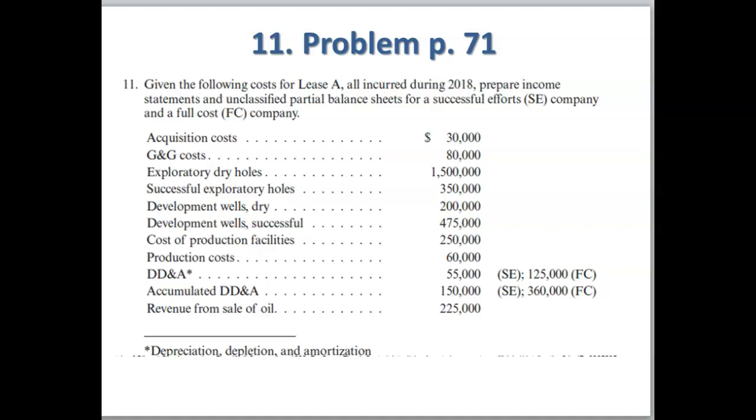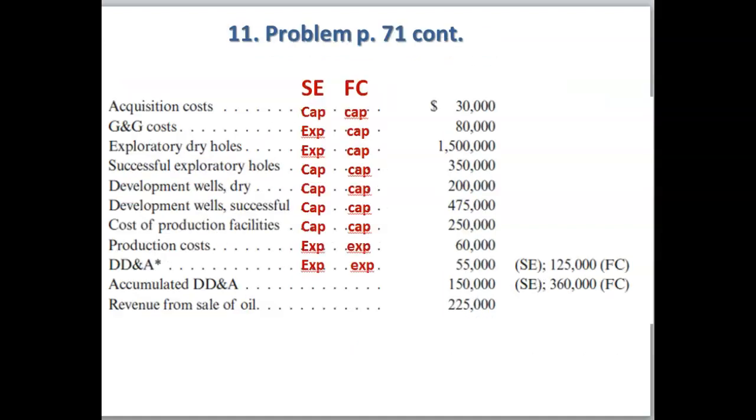So one strategy to be able to work this problem would be to first note the accounting method for each expenditure. I've done that here. We have a column for successful efforts and a column for full cost. Acquisition costs, of course, are going to be capitalized under both methods. G&G expenditures are going to be expensed under successful efforts, capitalized under full cost.